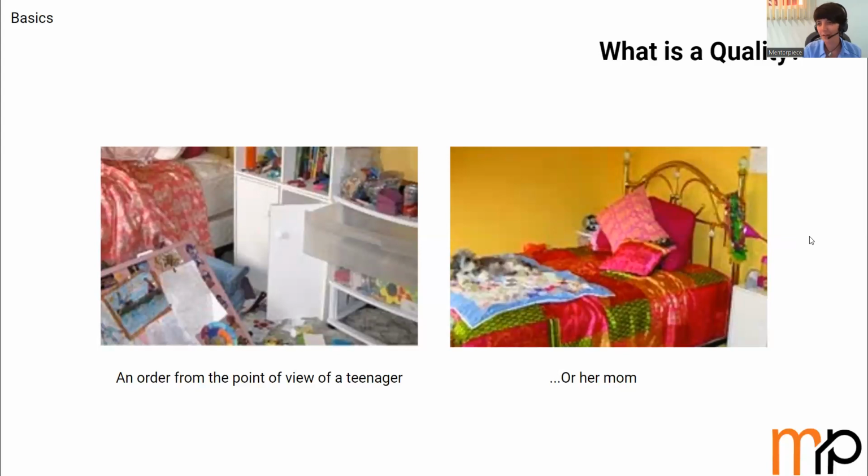But if the mom of this teenager sees that order, she thinks that this is not an order at all, because the order should look like the picture on the right. So the same room, the same view, but different end users, different humans who are living in this room, and different definition of quality.